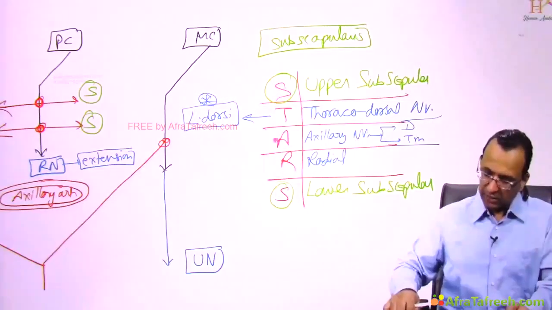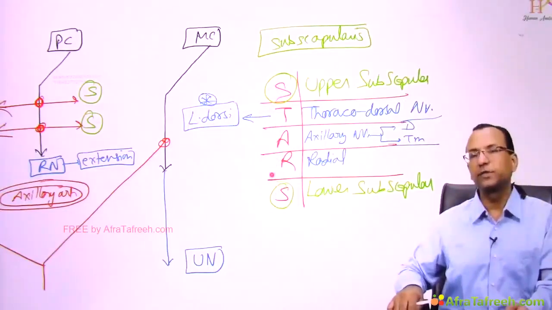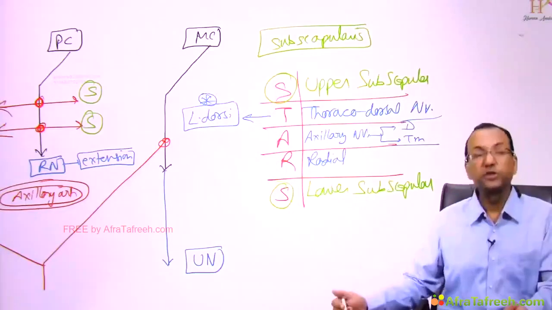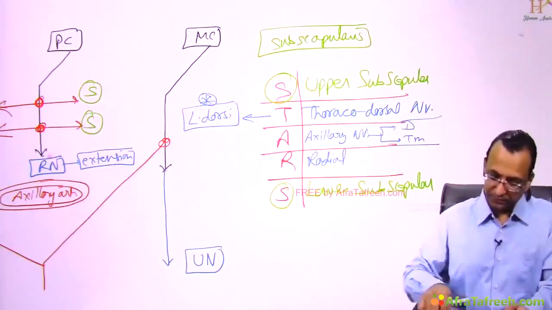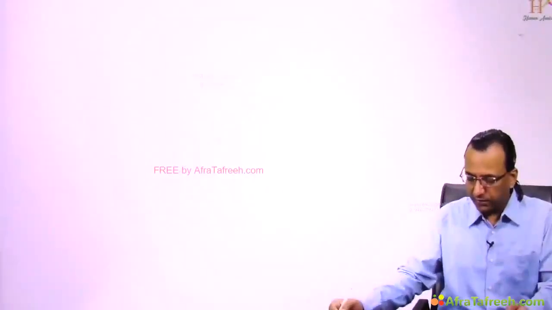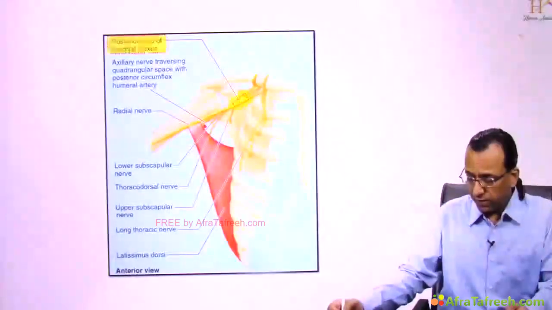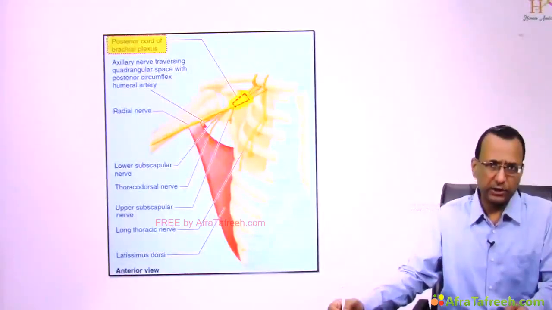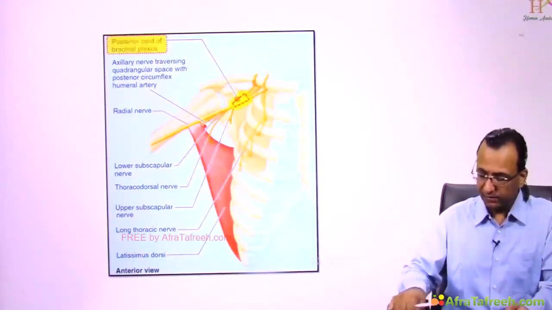Can we discuss the stars again in a diagram, the kind of dissected specimen the examiner gives us? Let us discuss the stars, the 5 branches of the posterior cord of the brachial plexus. We are now looking at the posterior cord in the axilla, formed by the posterior divisions of the 3 trunks of the brachial plexus passing behind the clavicle.